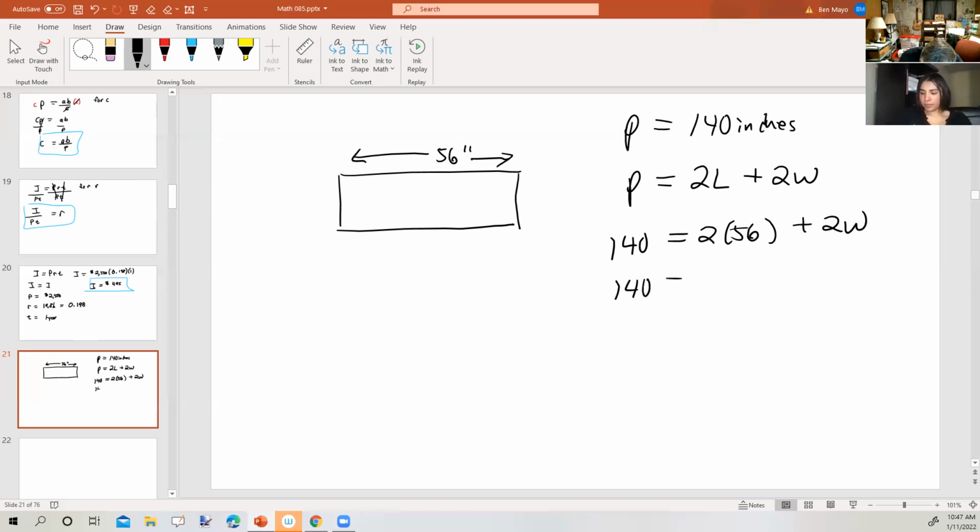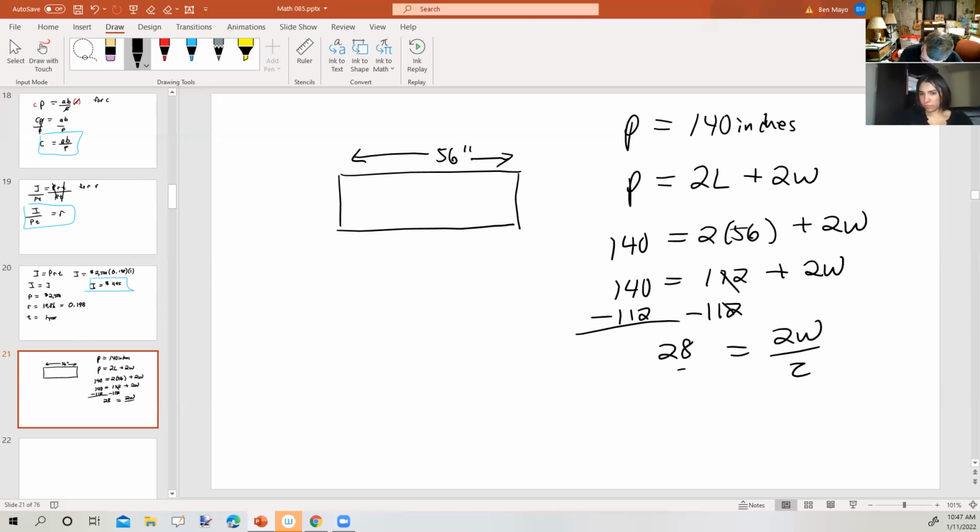So 140 equals 112 plus 2w. To solve for w, we'll isolate the variable term by subtracting 112 from both sides. Let's see, 28. And then dividing both sides by 2, and including the units, the width is 14 inches. Any questions about that problem?